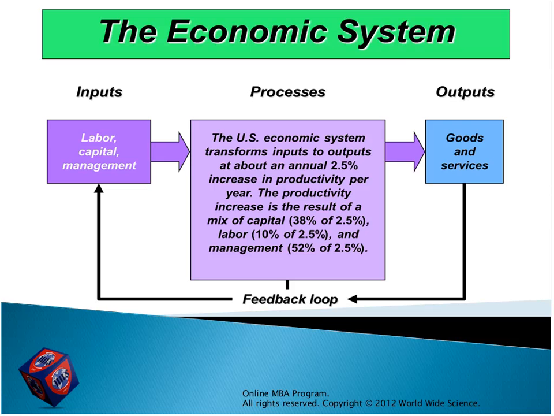The U.S. economic system transforms inputs to outputs at about an annual 2.5% increase in productivity per year. The productivity increase is the result of a mix of capital, labor, and management. After the process, the outputs are produced by the company and offered to the market. So, outputs are goods and services.